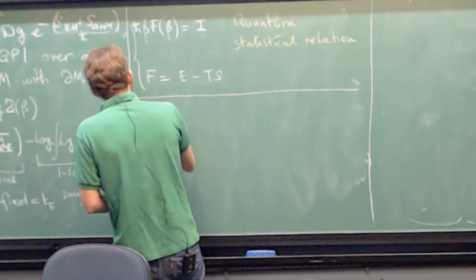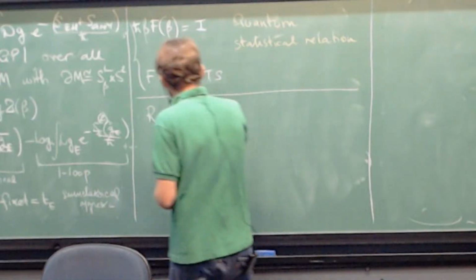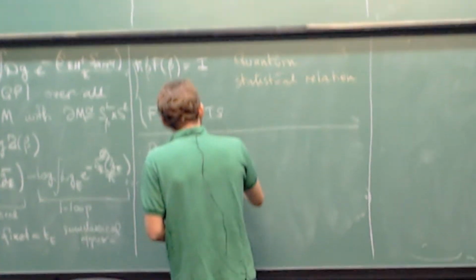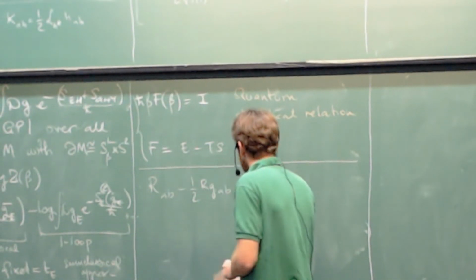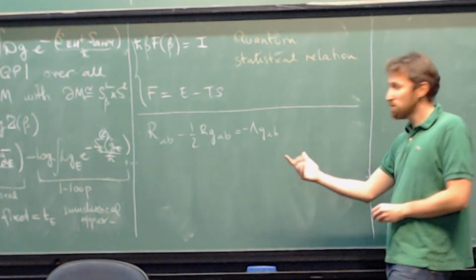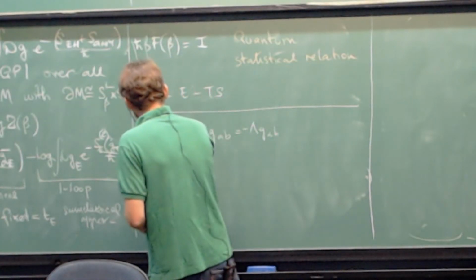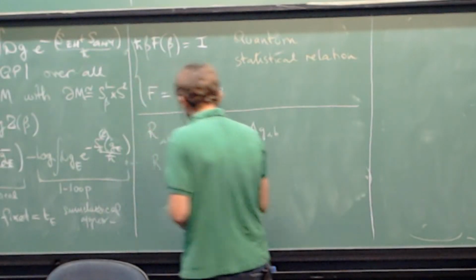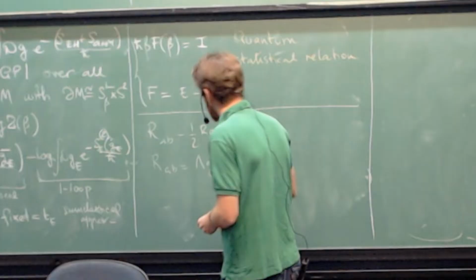The equations that follow from the Einstein-Hilbert action are this, but then I can do the trace reversal, so I can remove R from appearing explicitly. And in 4 dimensions, it becomes this. These are equivalent.